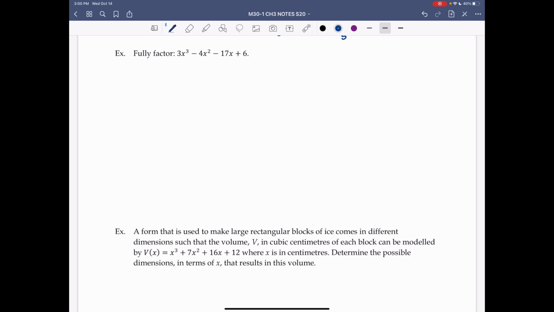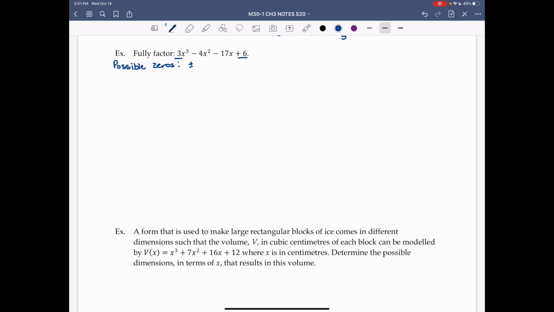Fully factor 3x cubed minus 4x squared minus 17x plus 6. Our possible zeros would be factors of our constant term, which is 6, divided by factors of our leading coefficient, which is 3.